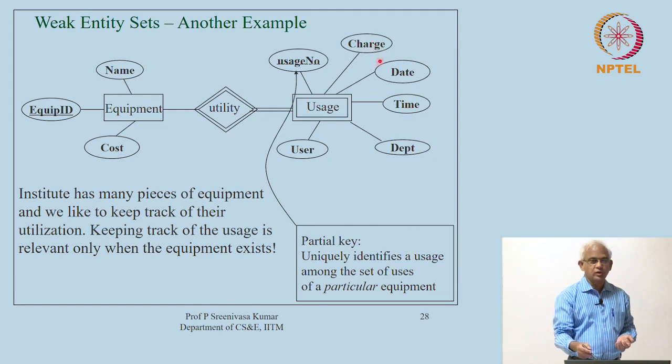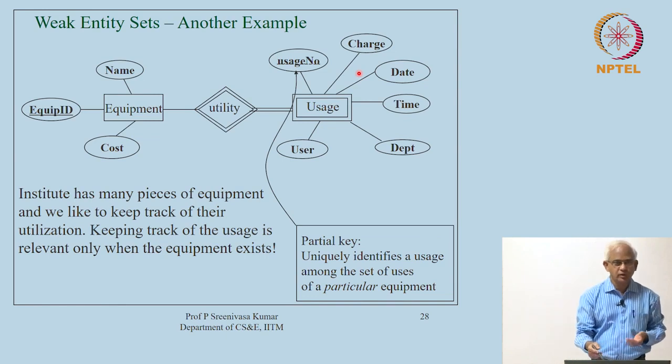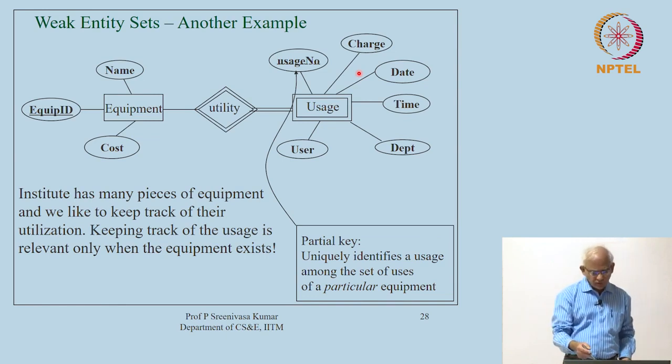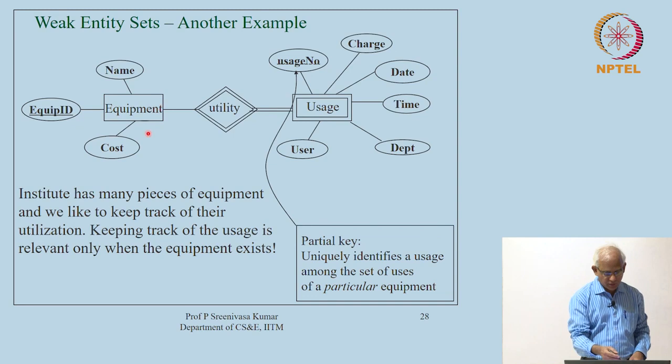We may internally have some arrangement of charging the person for using that equipment. So, again this is best modeled as a weak entity, and usage number serves as a partial key here, which will identify the usages of a particular equipment.